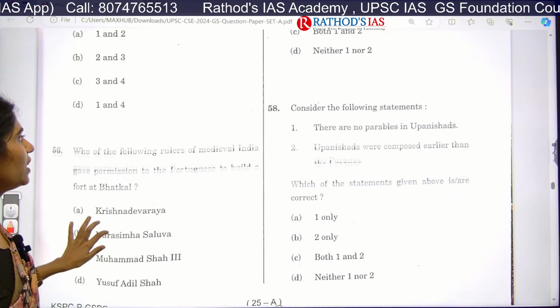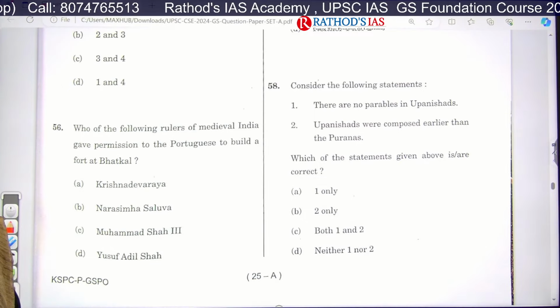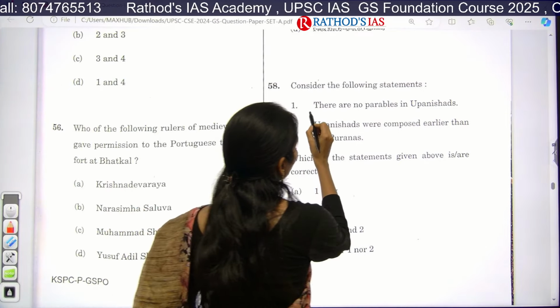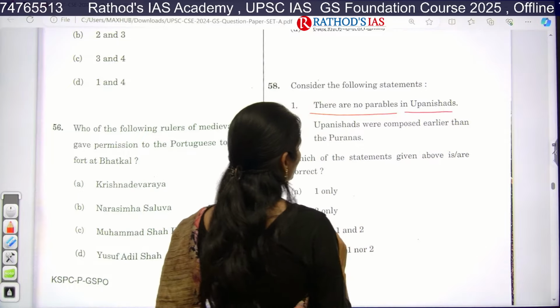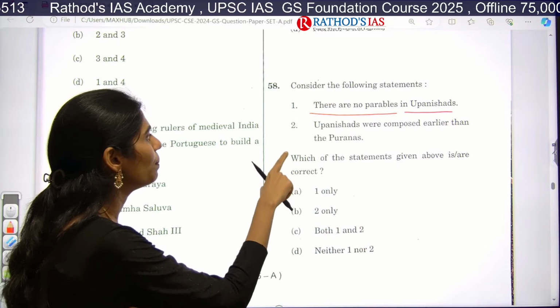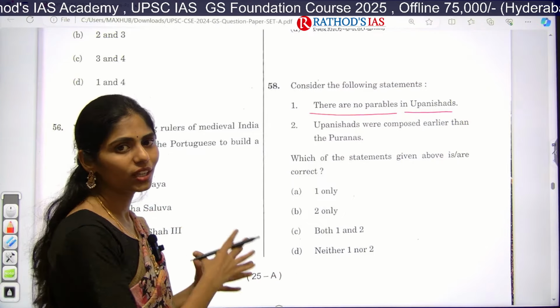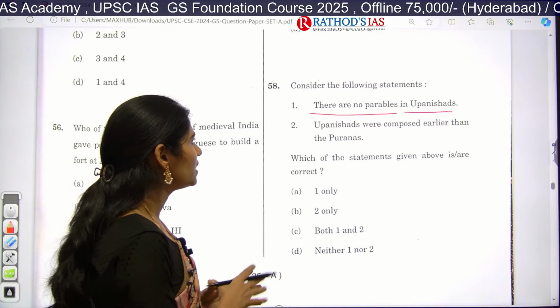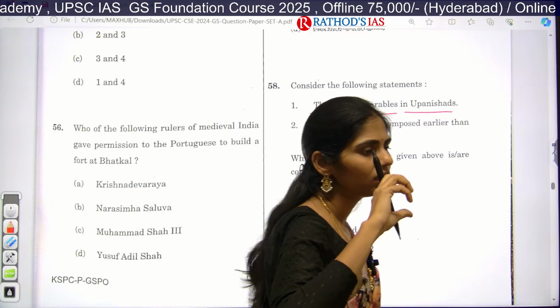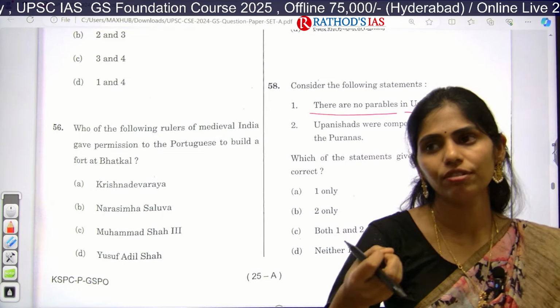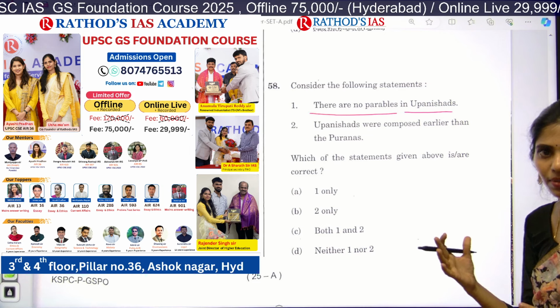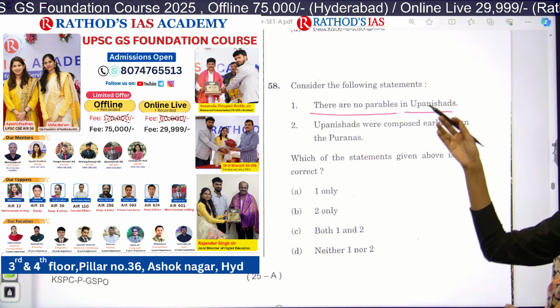And next, 58th question, consider the following statements. First one is, there are no parables in Upanishads. Next one is, Upanishads were composed earlier than Puranas. So this is entirely related to your ancient history part. So actually these parables are nothing but what we use for narration of stories. As in these Upanishads also we have some narration.